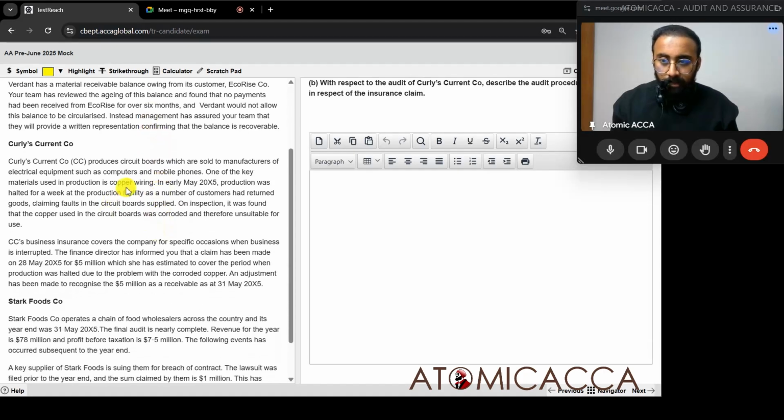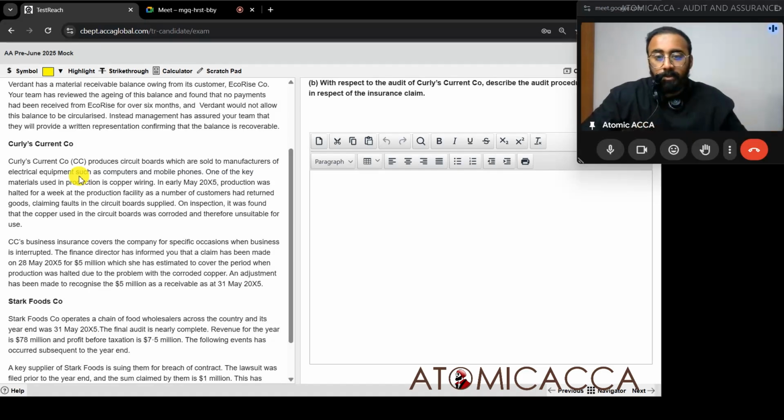The company, double C, produces circuit boards which are sold to manufacturers of electrical equipment such as computers and mobile phones. One of the key materials used in the production is copper wiring.